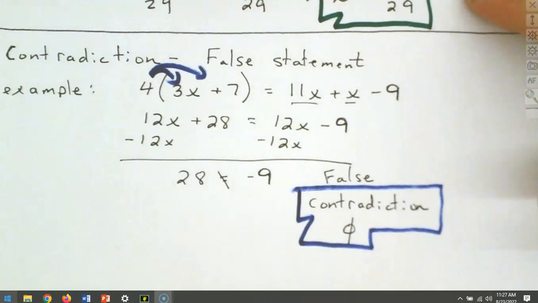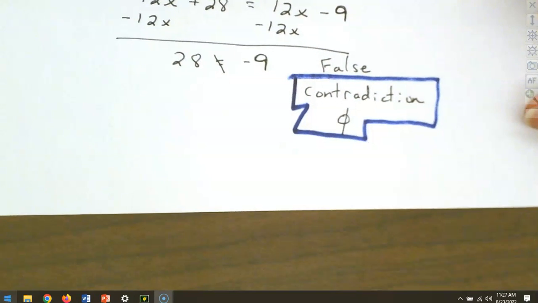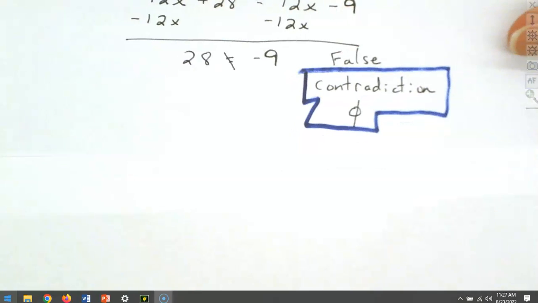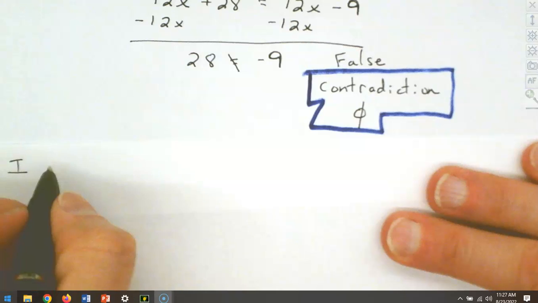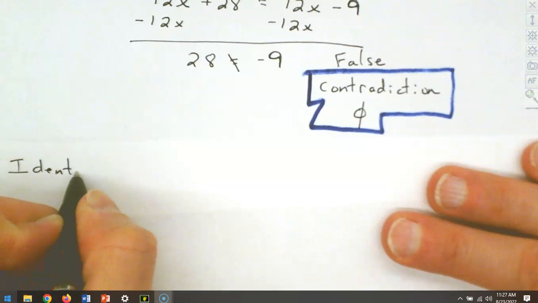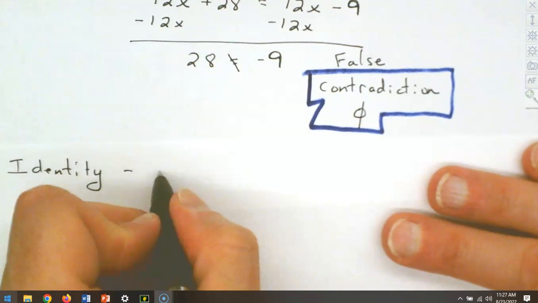The last type of equation, and we don't encounter it very often, is the identity. And in an identity, the sides are the same.